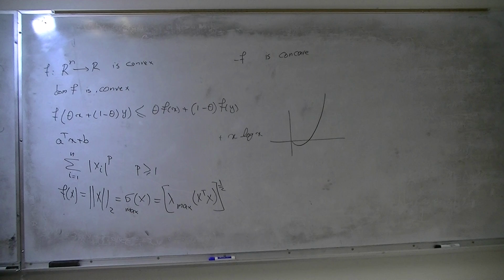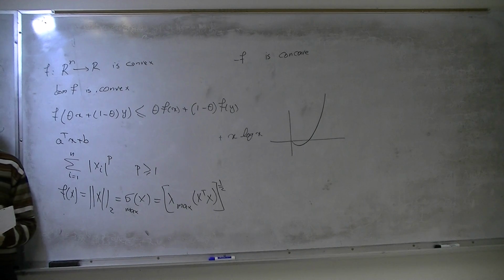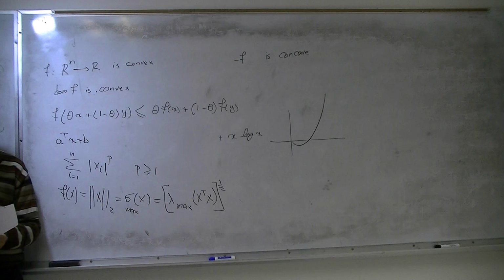If we have a function and we restrict it to a line, and on any line the restriction is convex, then the function is convex, provided the domain of the function is convex.